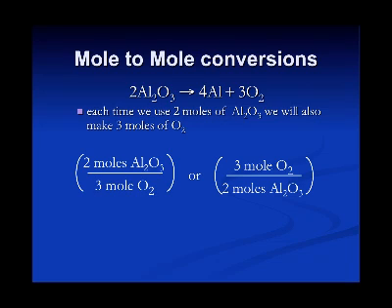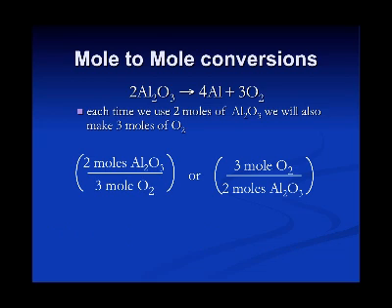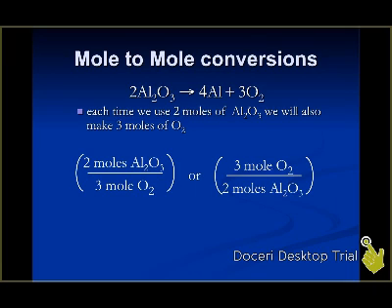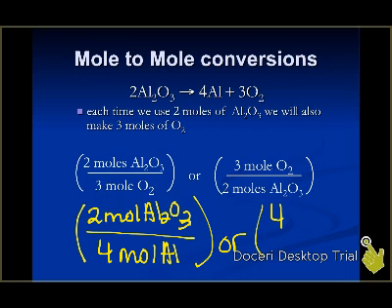Okay? Since there are 3 things in this equation, we could technically produce 2 more conversion factors. So let's say I wasn't going to oxygen. Let's see if we can create some for aluminum. I could make the conversion factor 2 moles of aluminum oxide over 4 moles of aluminum, or I could write 4 moles of aluminum over 2 moles of aluminum oxide.